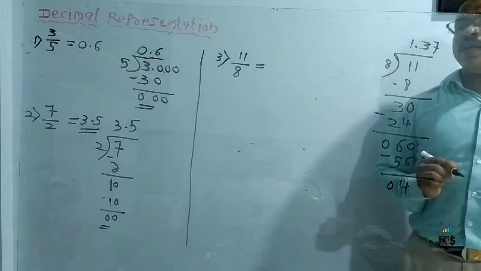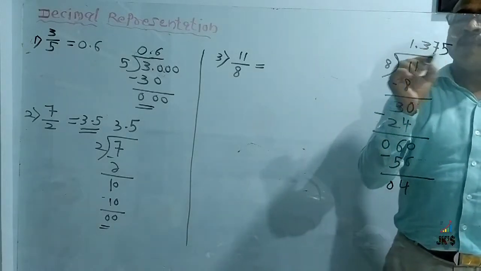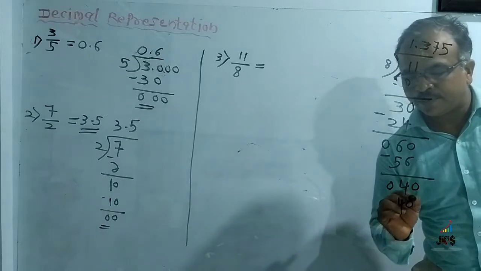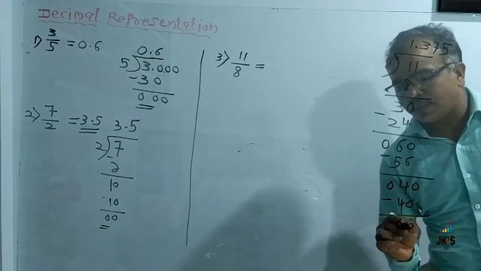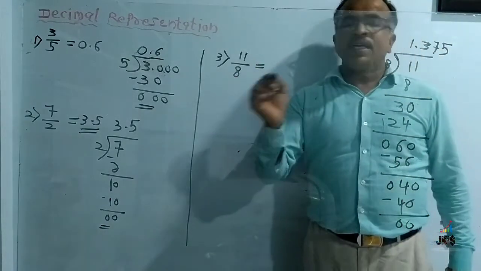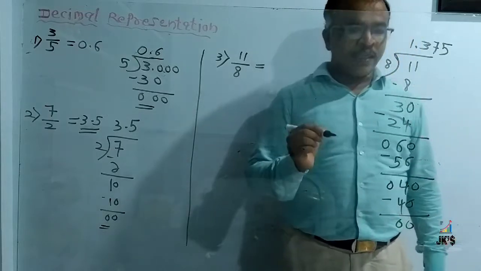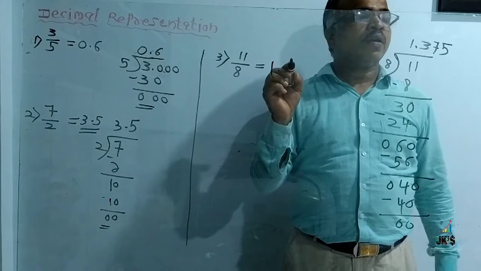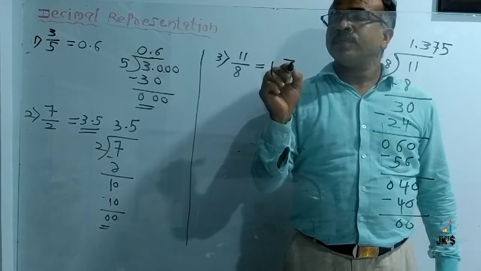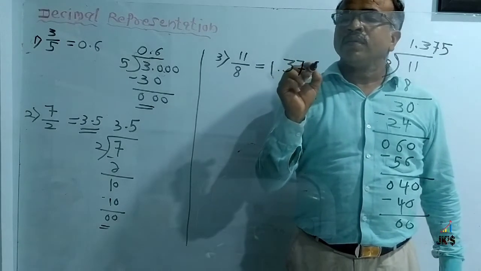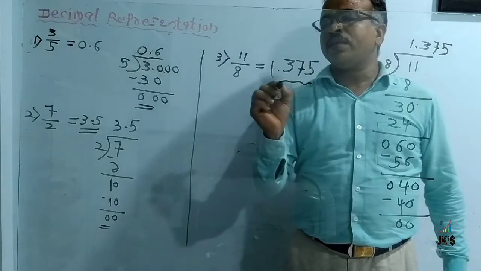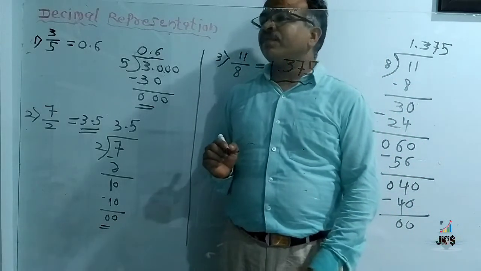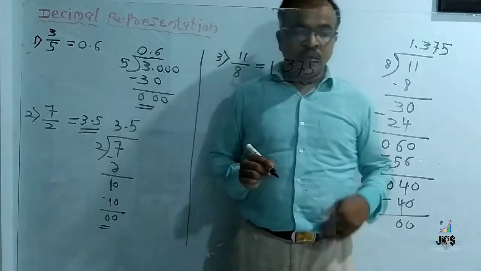Again we take 5. 8 fives are 40. 40 minus 40 is 0. Therefore 11 upon 8 is written as 1.375. In this way we can write the given rational numbers as decimal fractions.